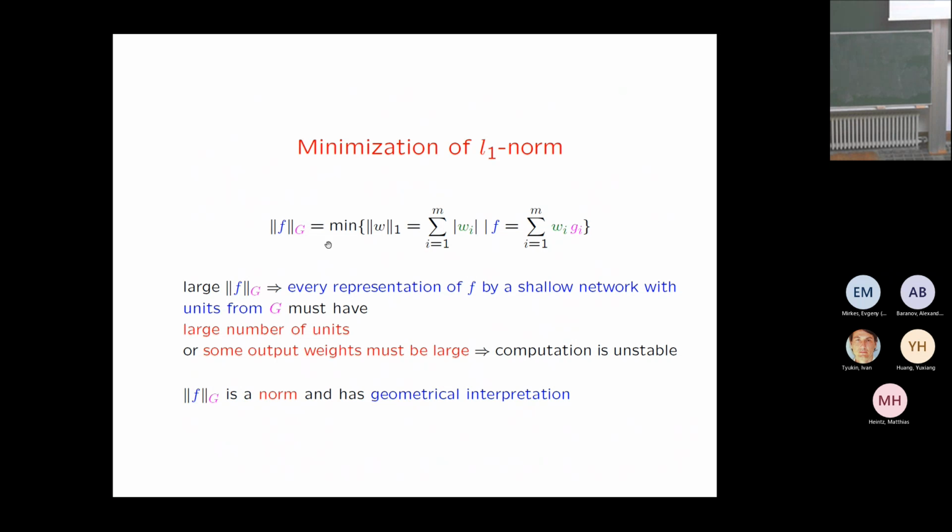But what happens is that if you simply formally take the minimum of these L1 norms, one can prove that it is a norm and has even a nice geometric interpretation.